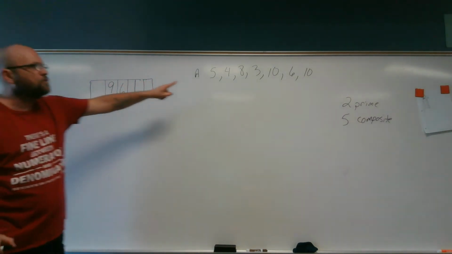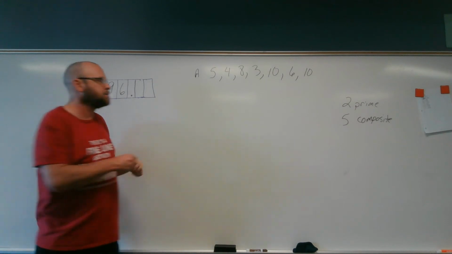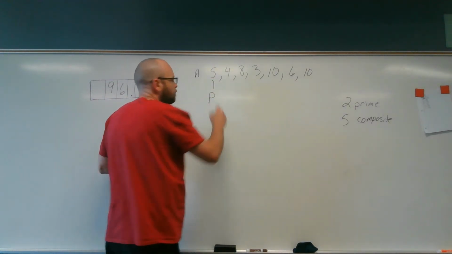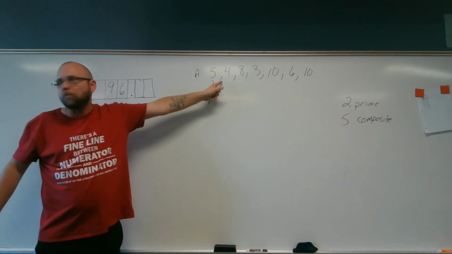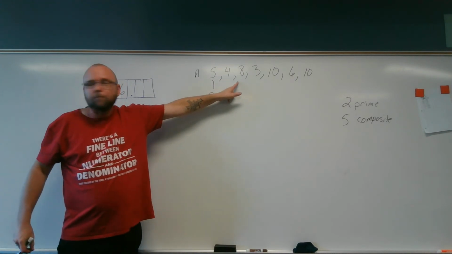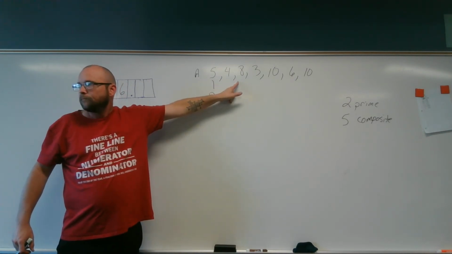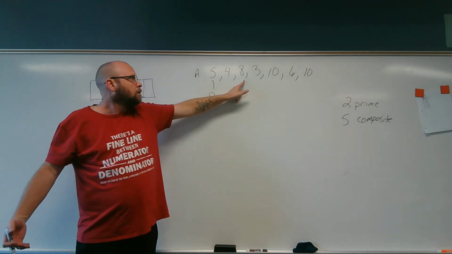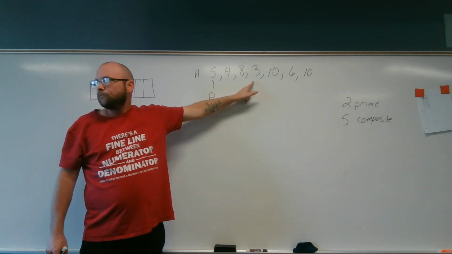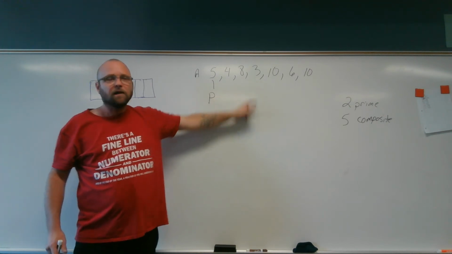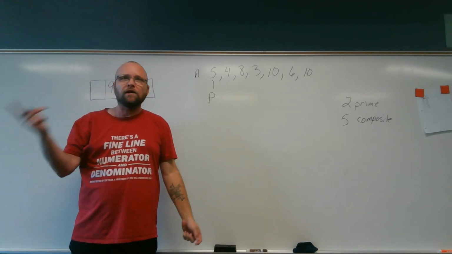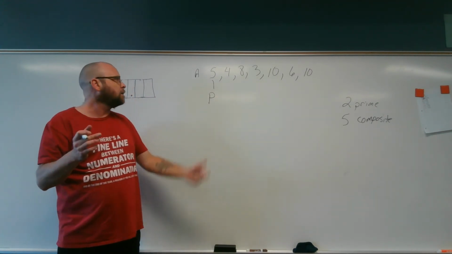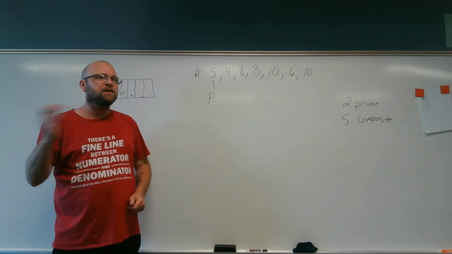Bryce, is 5 prime? Yes. 5 is prime. Bryce, is 4 prime? Bryce, is 8 prime? No, it's an even number. Bryce, is 3 prime? Yes. The only factors of 3 are 1 times 3. No other way to get it. The only factors of 5 are 1 times 5.